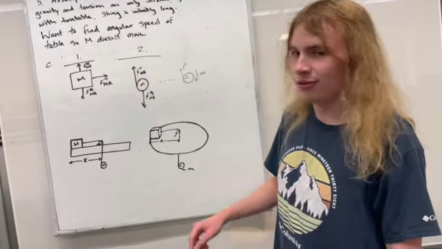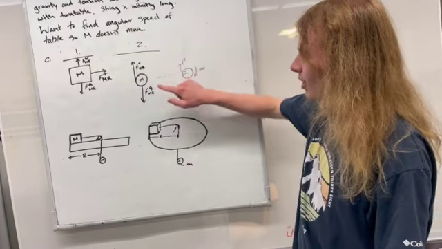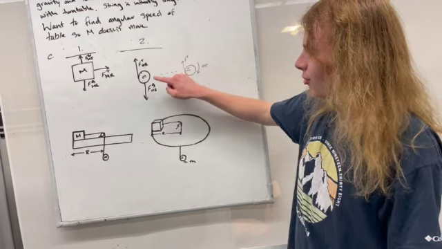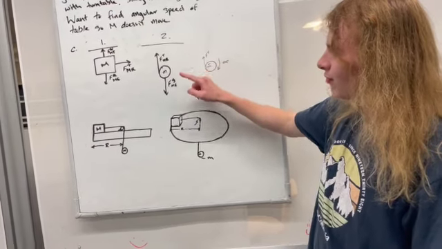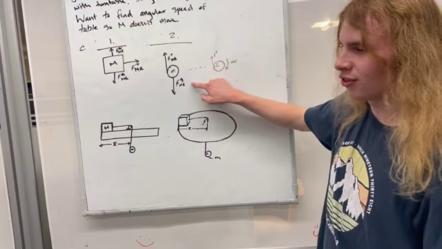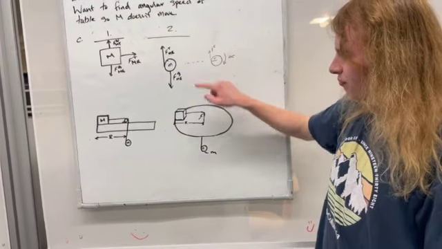In our second free body diagram, we have the sphere with mass little m.